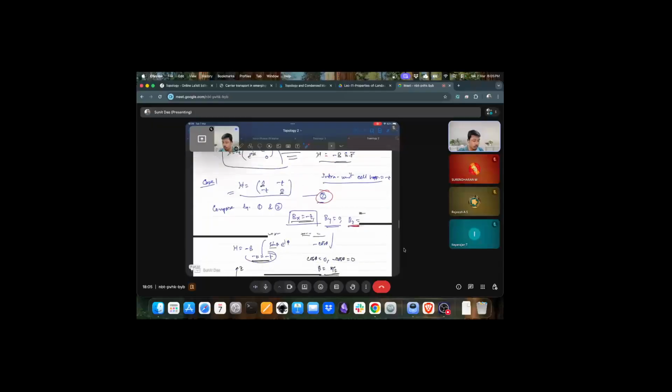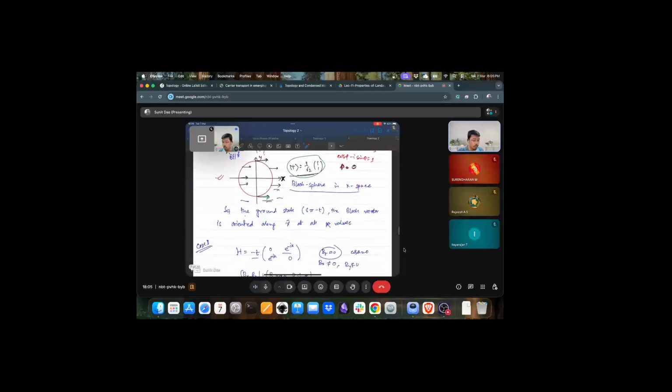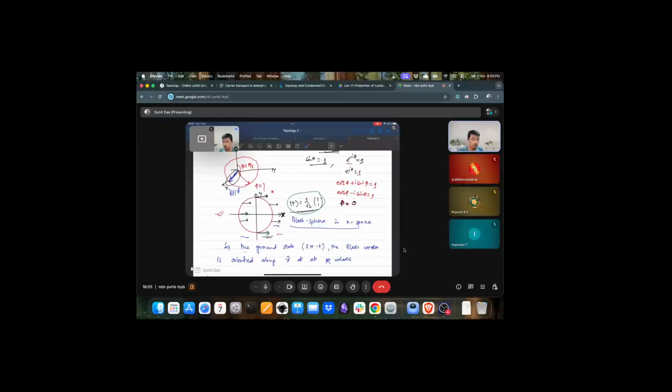In the Bloch manifold basis, this was the case of the trivial insulator where all the Bloch vectors corresponding to the wave function at each k were directed along a particular direction. For our case, we assume it to be x, right?